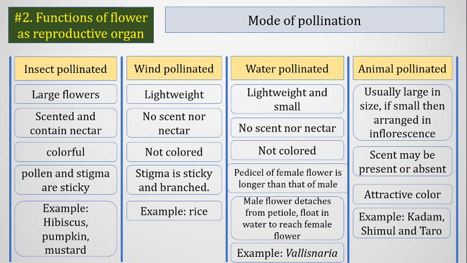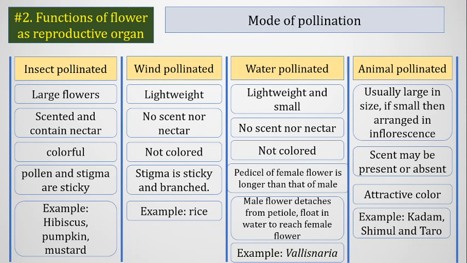Some flowers are insect pollinated, some are wind pollinated, some are water pollinated, and some are animal pollinated. And these four categories of flower have different features for their adaptation purpose.